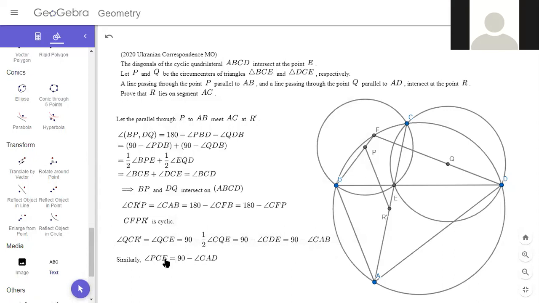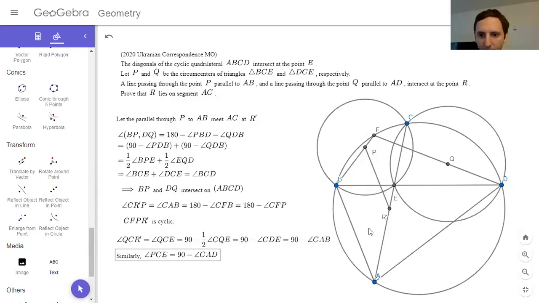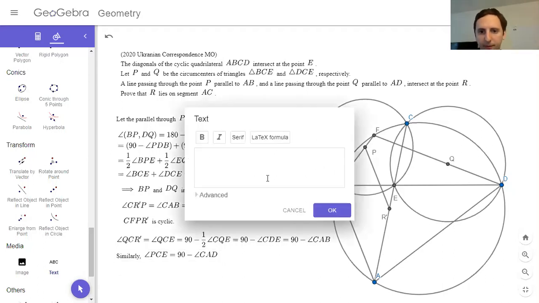And we know that PFQ is 180 minus angle A. All right, so adding them, PCQ is 180 minus angle A. Okay.